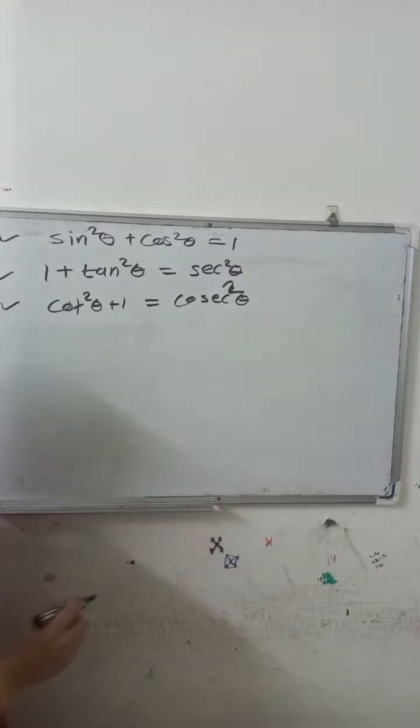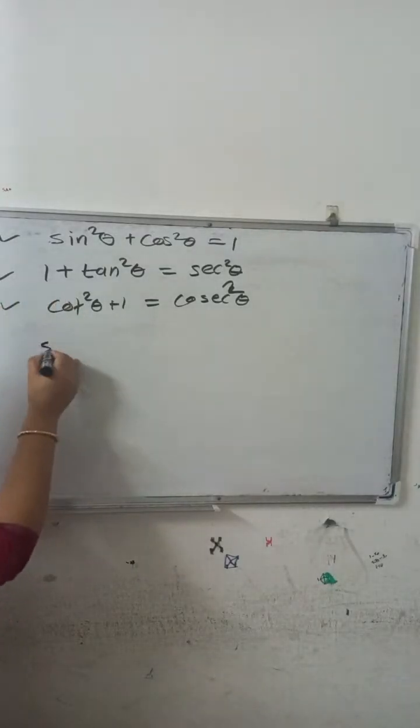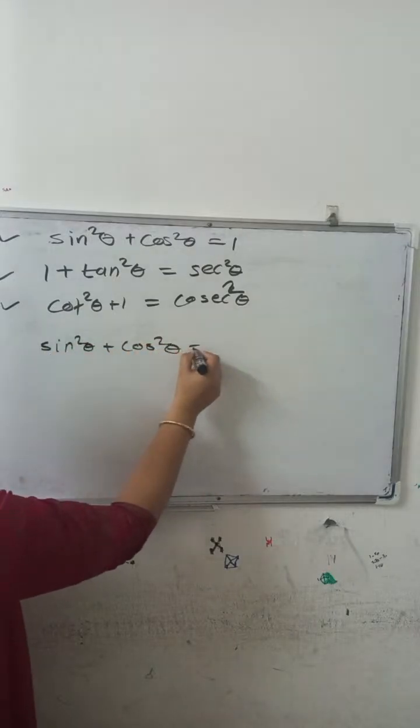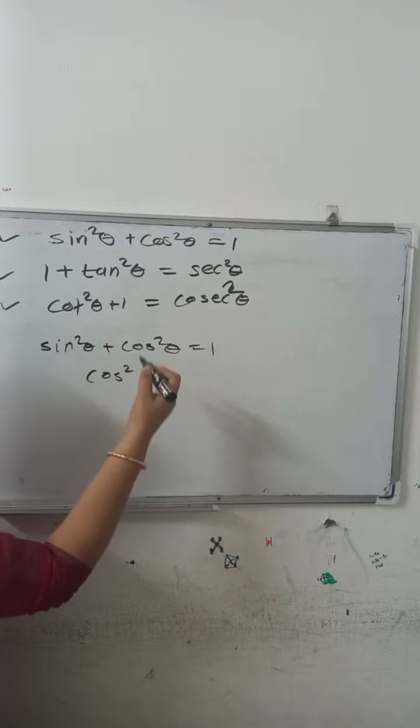These 3 identities we have, and here is one more trick I will give you. You just have to interchange according to the requirement or the given problem. Suppose I have sin square theta plus cos square theta is equal to 1. Suppose they are asking for cos square.